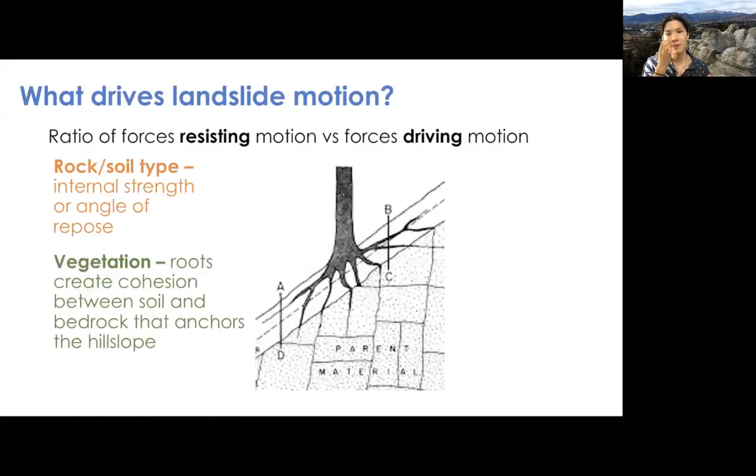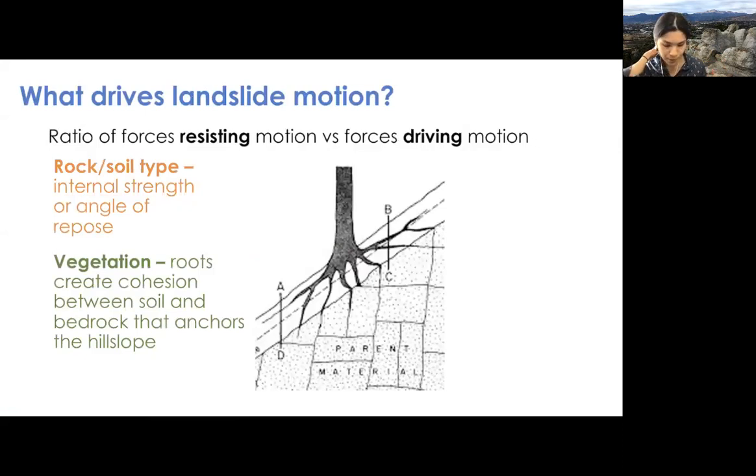Okay, the other main force that's going to resist motion is vegetation, and this is really part of cohesion as a whole. Even though soil particles may want to fail on a slope greater than a certain angle, things like vegetation can help anchor the material to the deeper parent material or deeper bedrock.